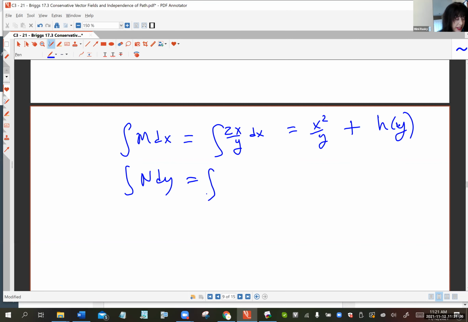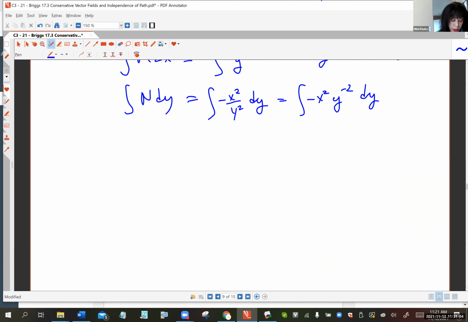Then when I integrate the N, which we agreed was negative x squared over y squared, you're going to integrate that with respect to y. What I would do is rewrite the y squared, bring it up to the numerator as y to the negative 2. That way you can apply the power rule when integrating with respect to y.